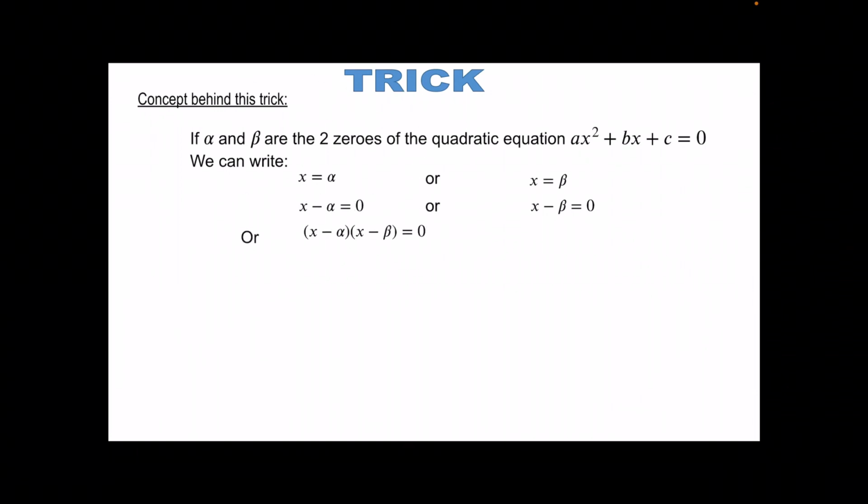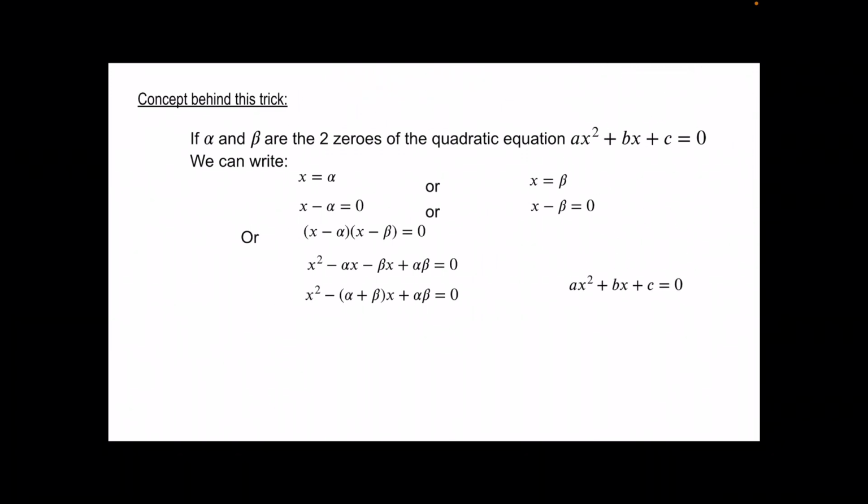So if we multiply both the factors and simplify to get a quadratic equation, we get an equation like this: x squared minus (alpha plus beta) x plus alpha into beta equals to 0. And we know the standard form of a quadratic equation, that is ax squared plus bx plus c equals to 0.